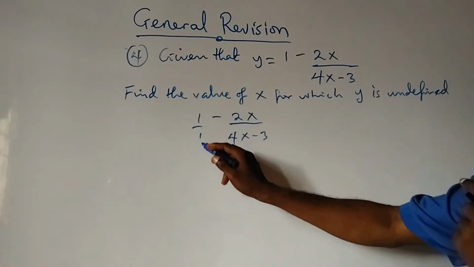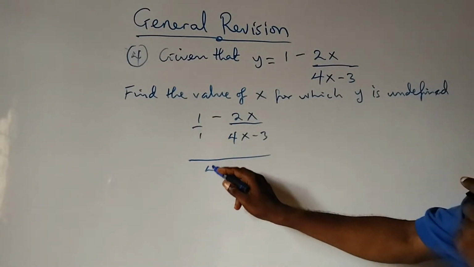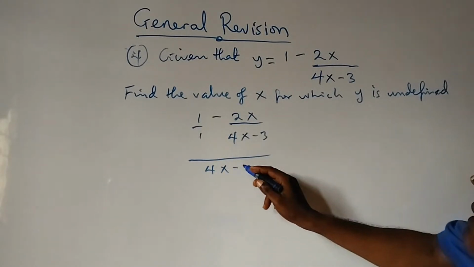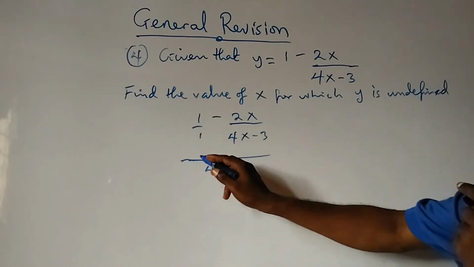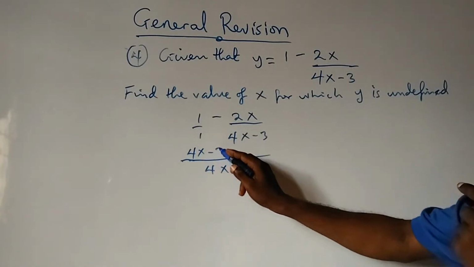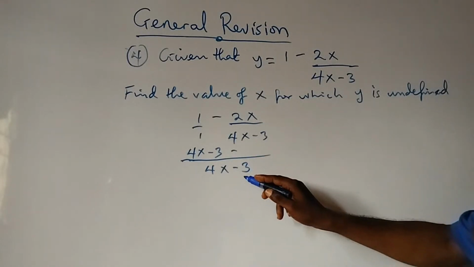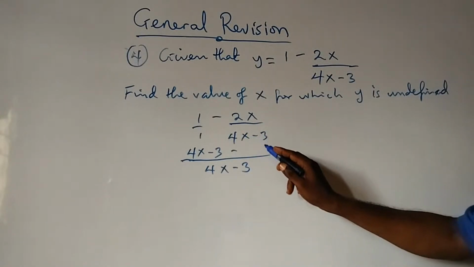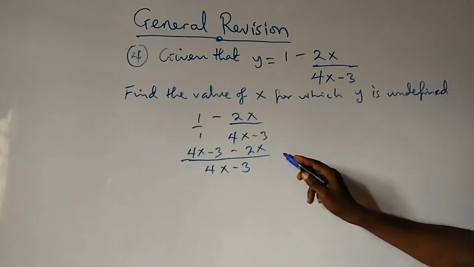We can bring this together as one fraction, and the LCM here is still the same thing, 4x minus 3. Then 1 goes here, still having 4x minus 3, then minus 2x. Okay, 4x minus 3 goes here, we still have x.